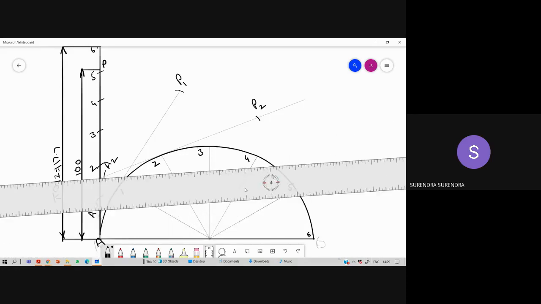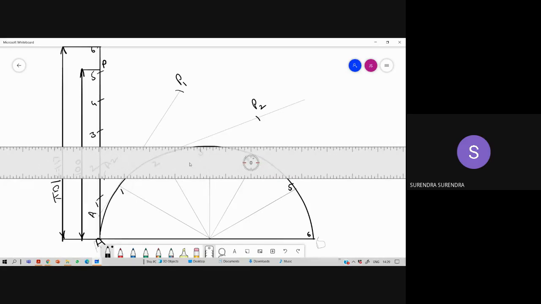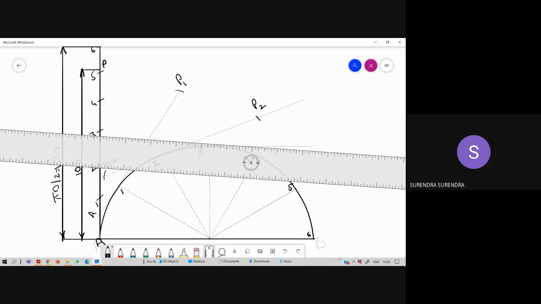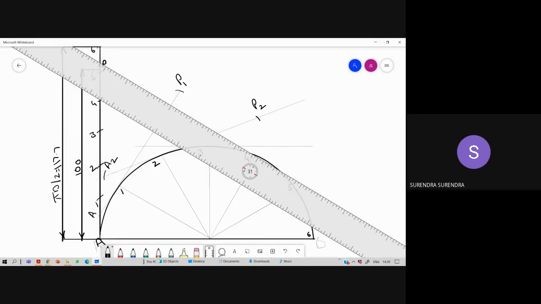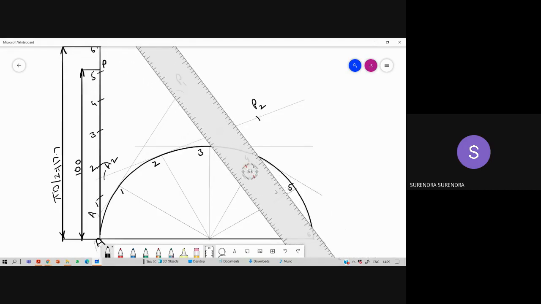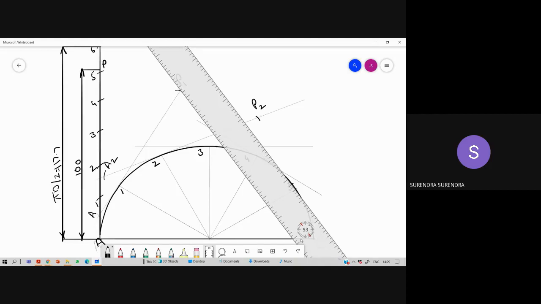Similarly, tangent at the third point. So let me complete the tangents first. Tangent at third point, tangent at fourth point, tangent at fifth point.